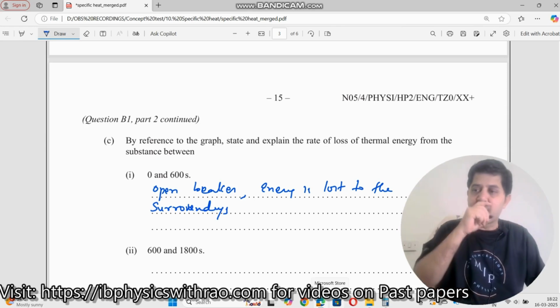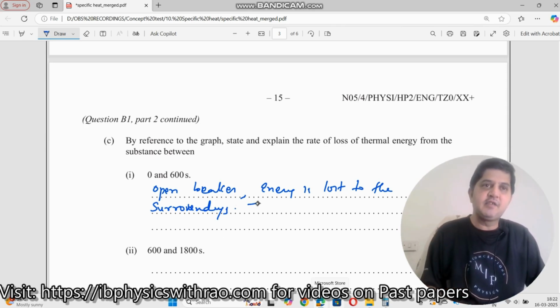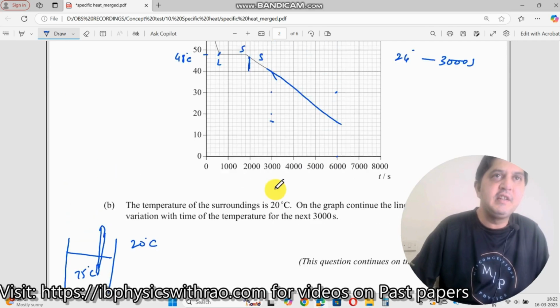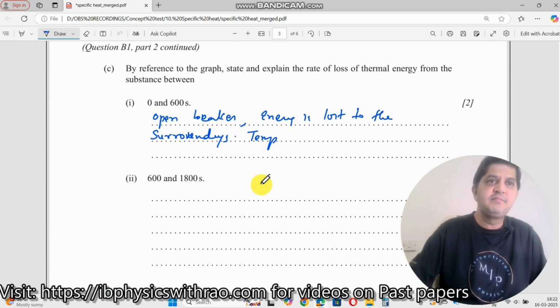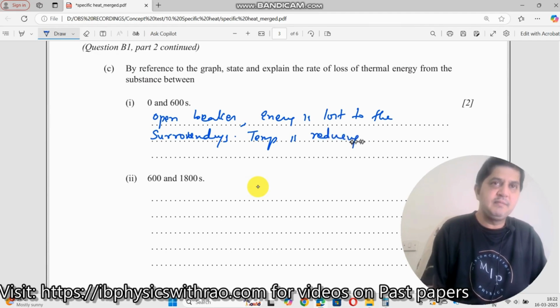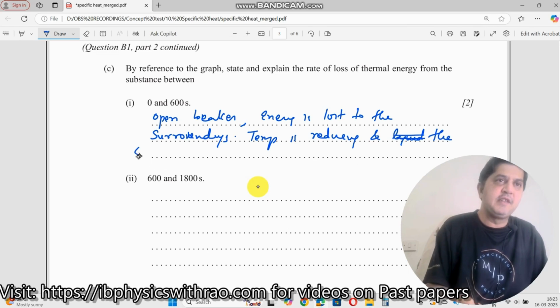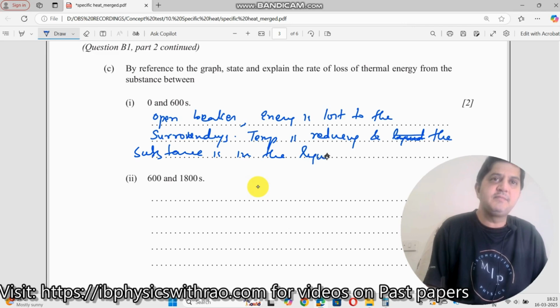Energy is lost to the surroundings, and temperature is reducing, and the substance is in the liquid state.